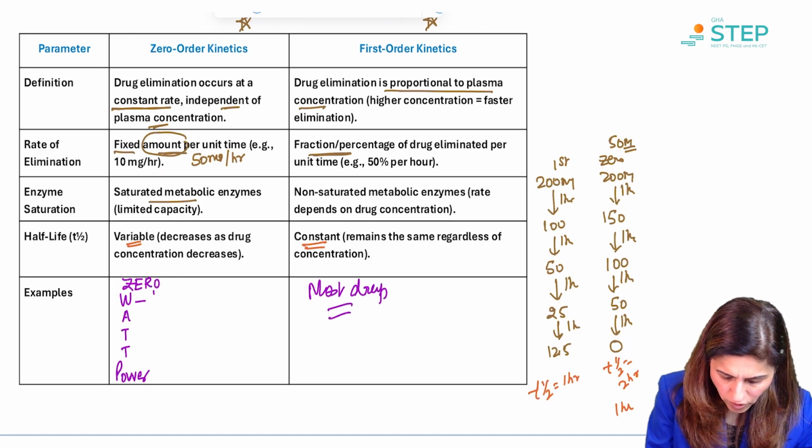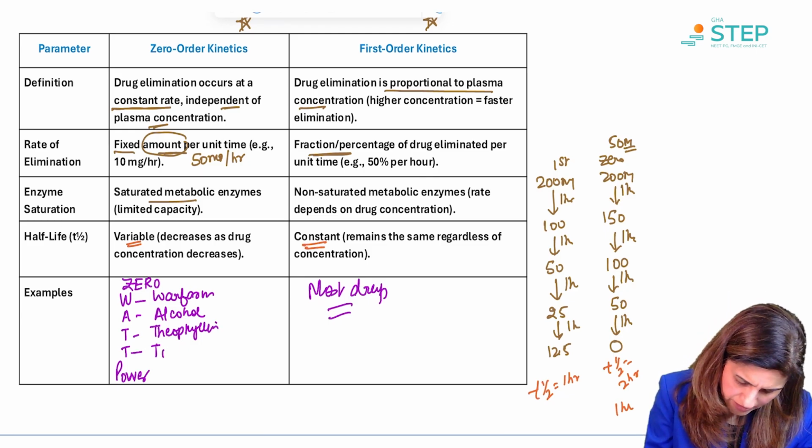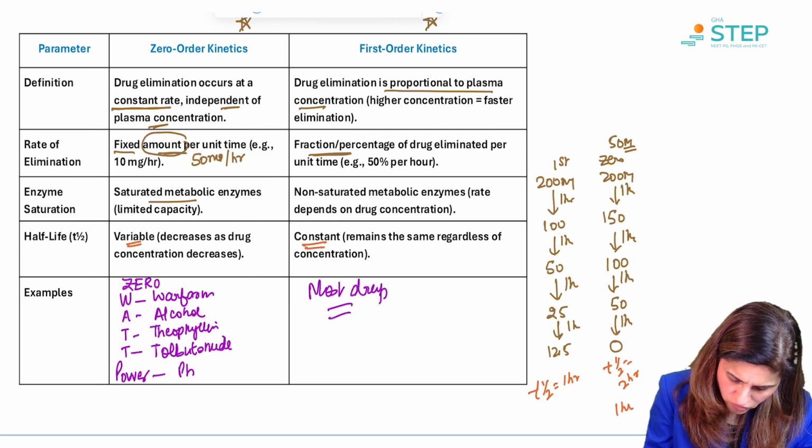So W is for warfarin. A is for alcohol. T is for theophylline. Another T is for tolbutamide, and P here is for phenytoin.